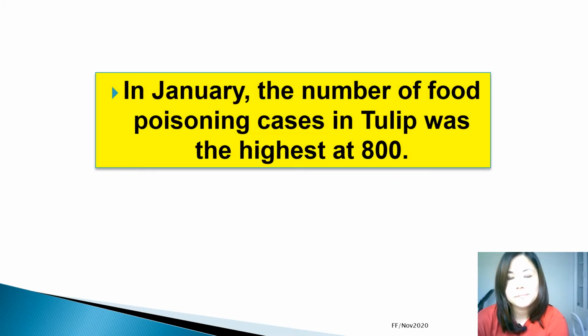Here's another one. In January, the number of food poisoning cases in Tulip was the highest at 800. Now, we examine again. How about this one? Are we getting this answer correctly with the 5 elements?